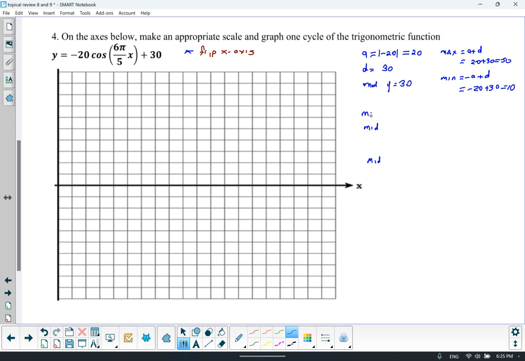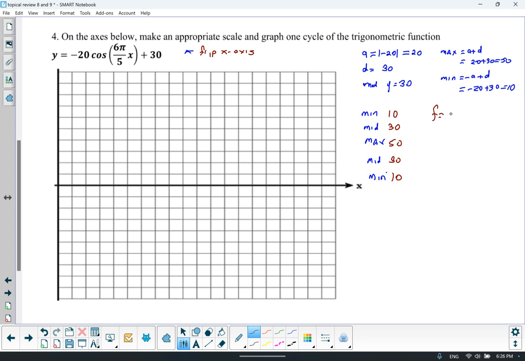So it's min, mid, max, mid, min. And that's because we're flipping it over the x-axis. So in this case, the minimum is 10, going to 30, going to 50, going to 30, and 10.